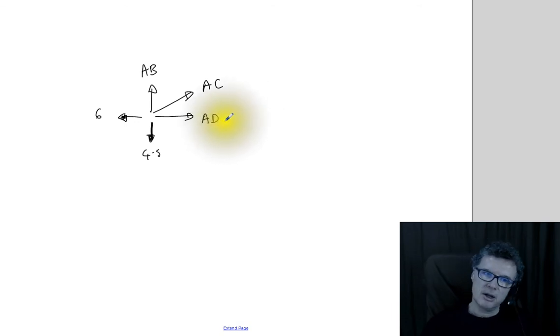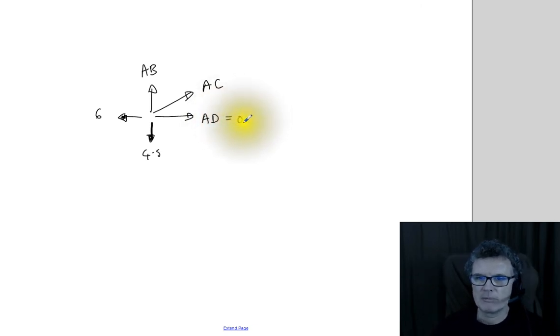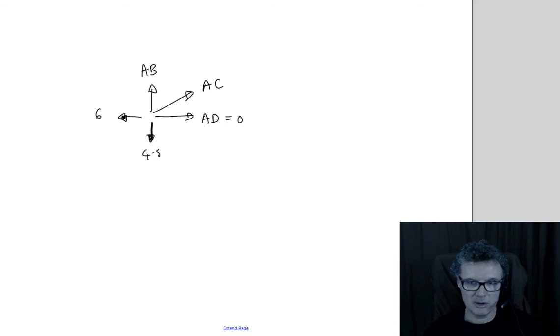Now I know from the previous joint, joint D, that AD equals 0, so I could put that on my diagram and then ask what is a good direction to resolve forces in. It would seem that the good direction would be the AC direction.